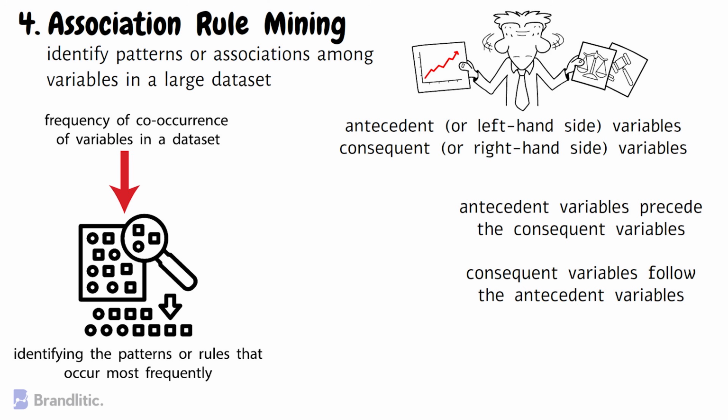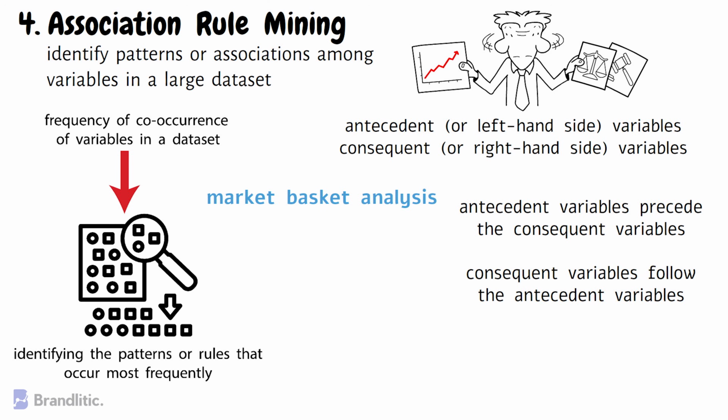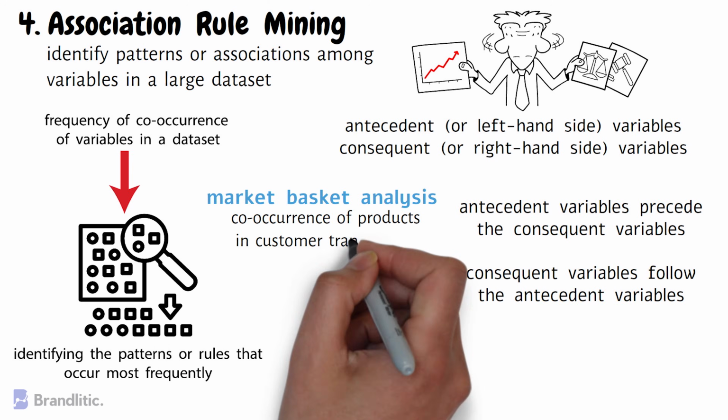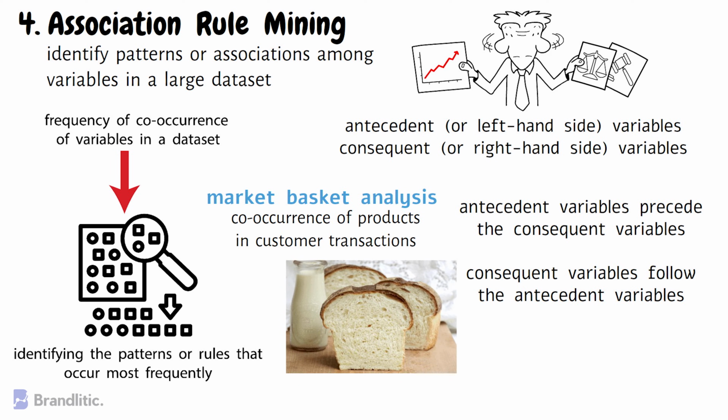Association rule mining is typically used in market basket analysis where the goal is to identify the patterns of co-occurrence of products in customer transactions. For example, a retailer might use association rule mining to identify that customers who buy bread also tend to buy milk, and therefore place these products near each other in the store to encourage cross selling.